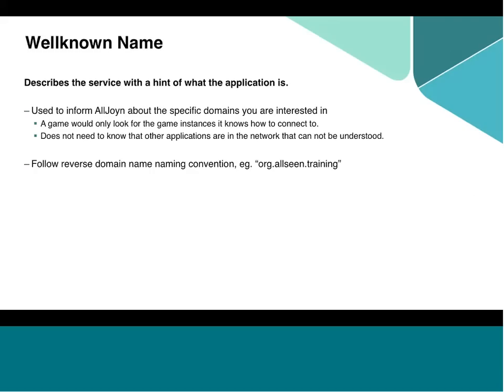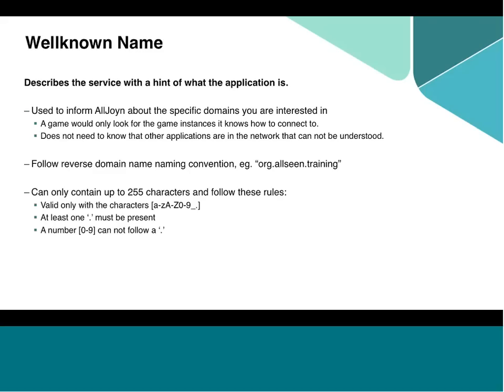What is it that I can understand so that I can find my game that I wrote among the 20 other different AllJoyn applications that are here? How do I even know that my game is being run by somebody else on someone else's device here in my proximal network? And so we do this by creating the well-known name, and it follows a normal naming convention of reverse DNS naming, so org.AllSeen.training. And this has a structure to it that's up to 255 characters.